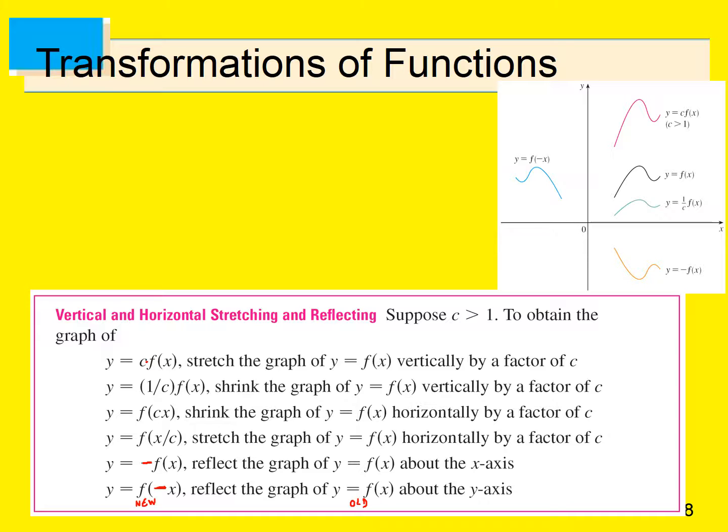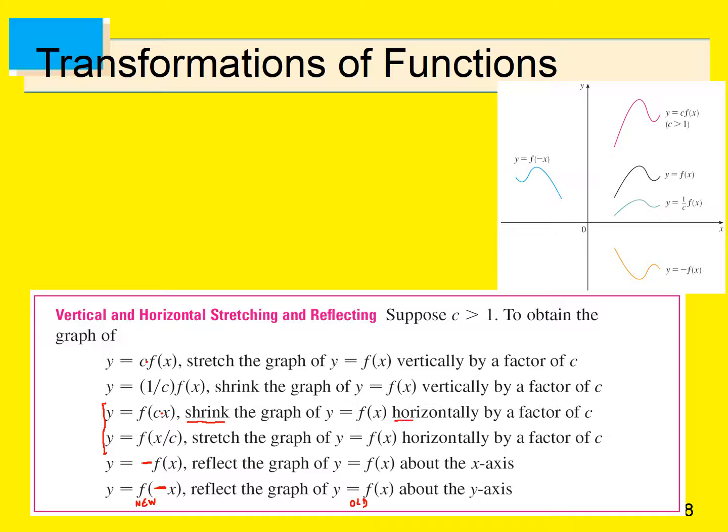Now, in the middle, we have sneaked in, very innocently, these two transformations, which, by the way, happen to be the freakiest of all transformations. X is being multiplied on the inside of the parentheses by a number c, and the result is that the graph is shrunk horizontally. It's a horizontal shrink or a horizontal compression.